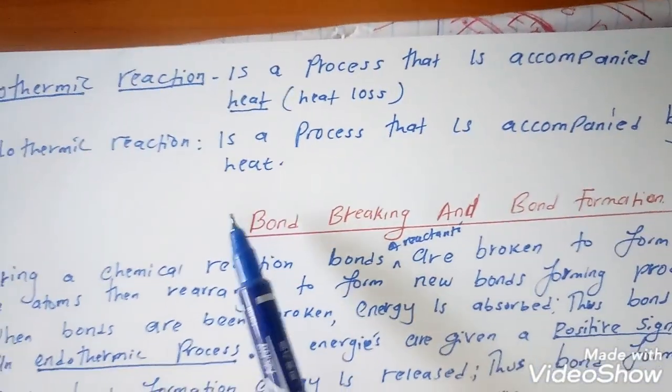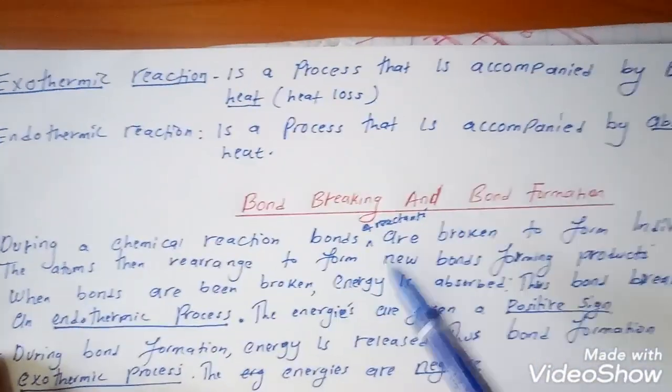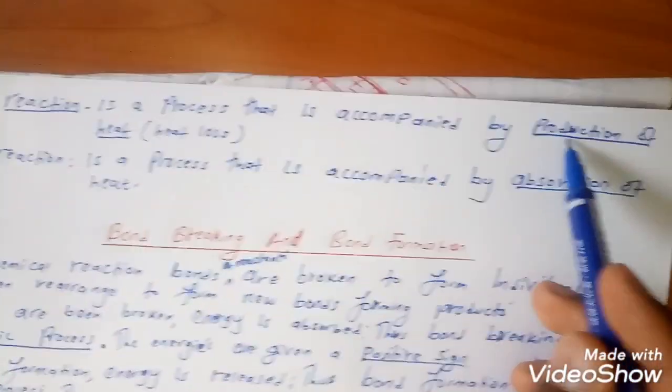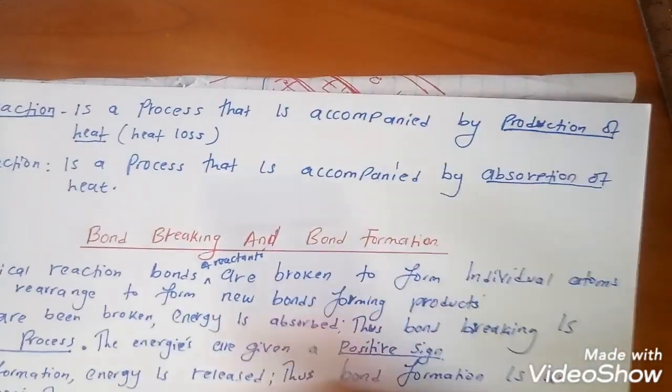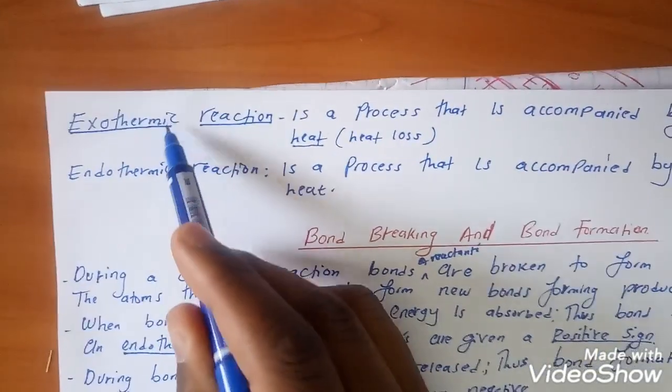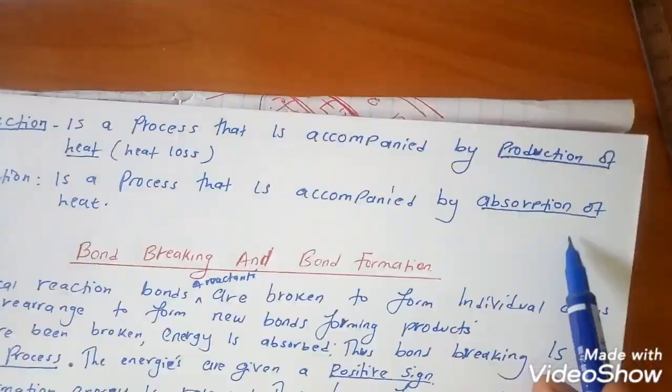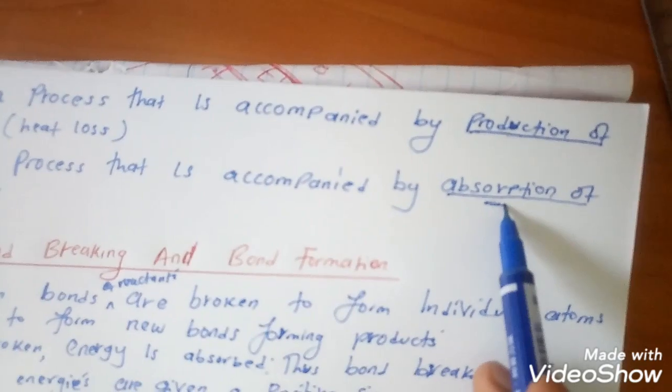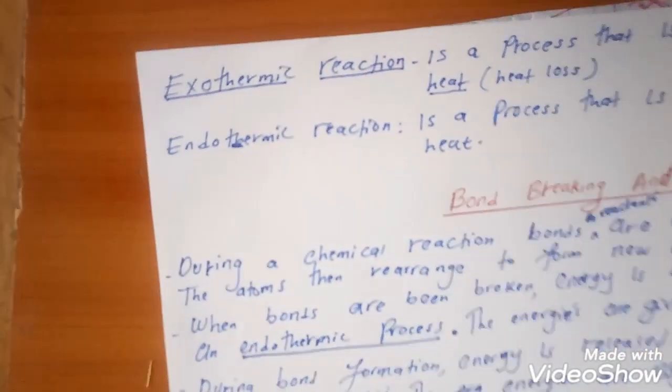So we said that when a reaction is taking place, if heat is produced, then we call it an exothermic reaction. If heat is absorbed, then we call it an endothermic reaction.